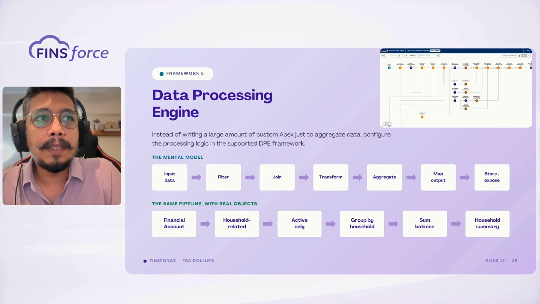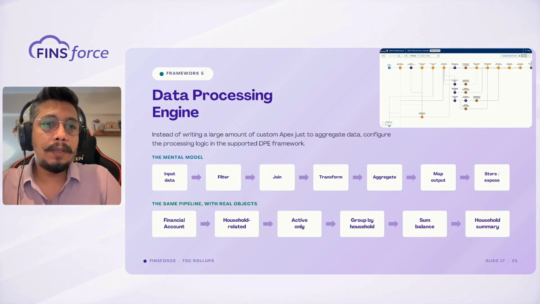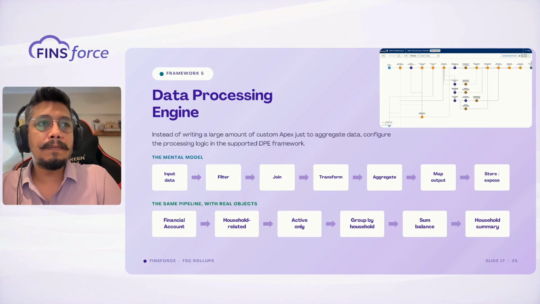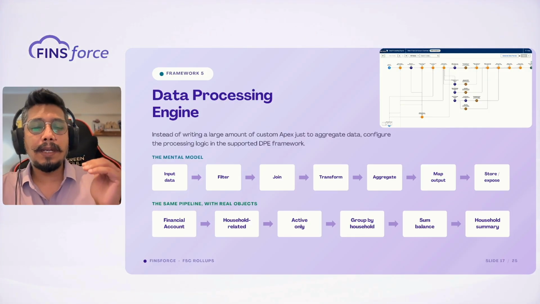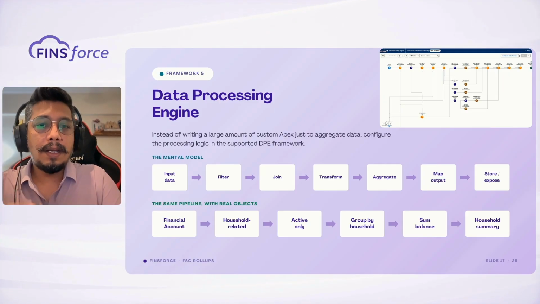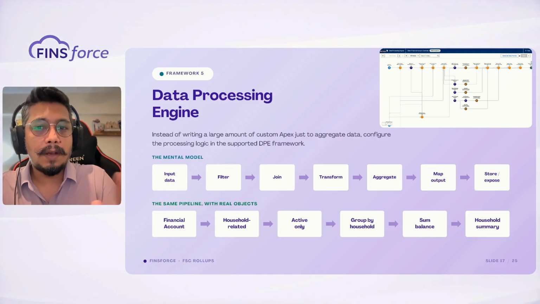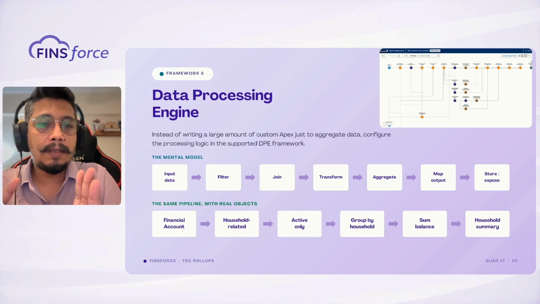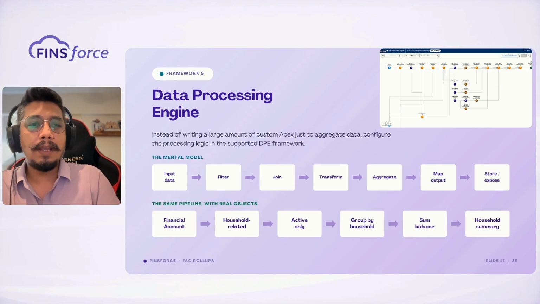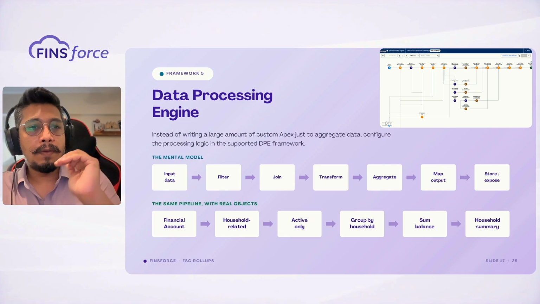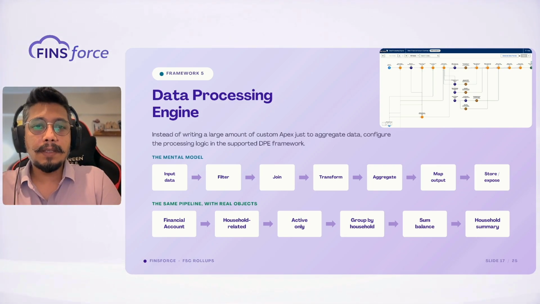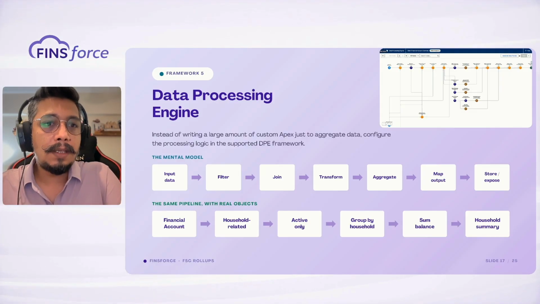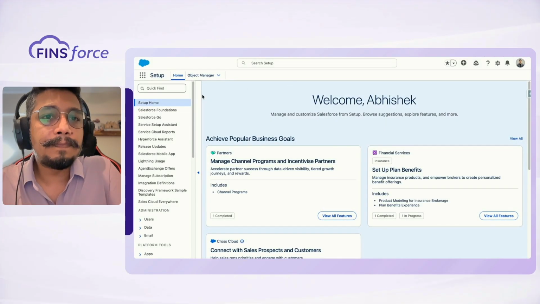But if you use the data processing engine, it is very easy: in data source you have to mention financial account. Then in the relationship filter you can put the household related. Then another filter you just have to create by point and click, active only. You can group it. You can calculate the sum from the data processing engine only, and you can give the summary as output. We will see it right now in the demo.